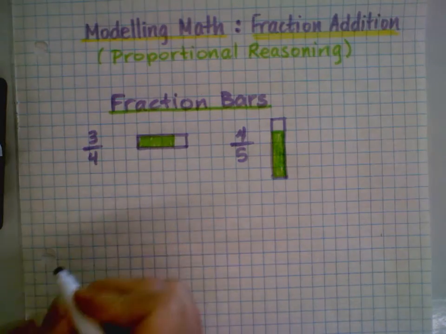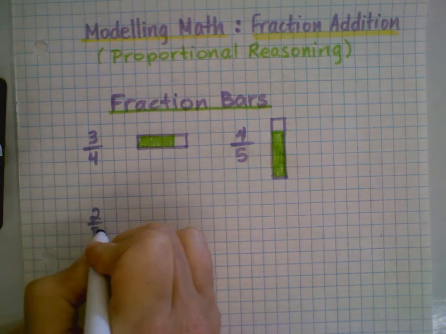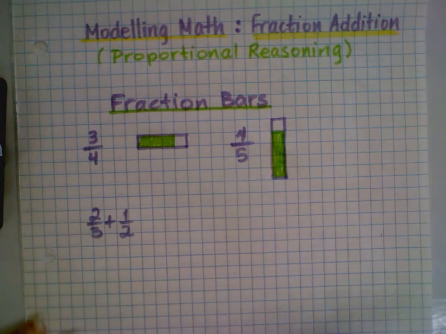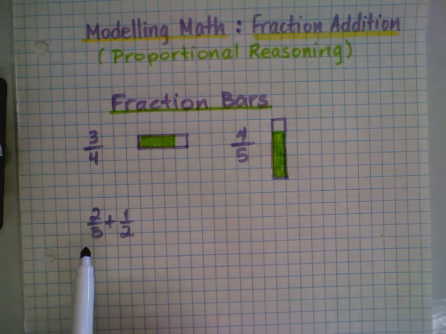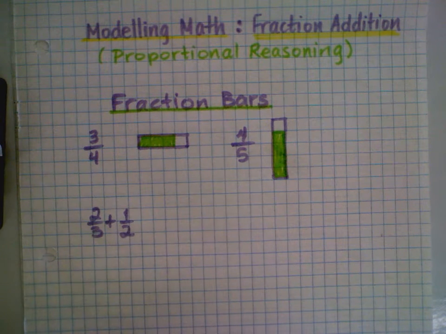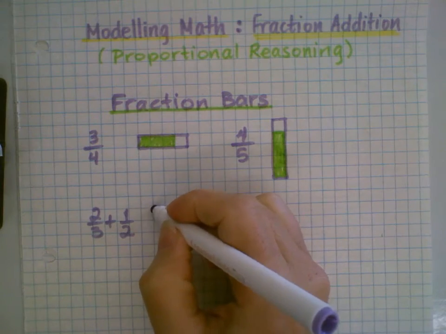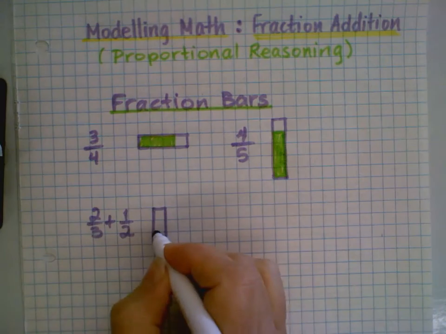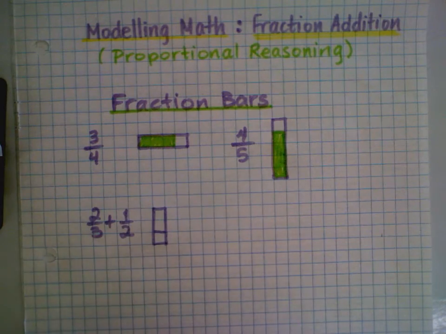So if I was doing, for example, 2/3 plus 1/2, I would start off by making a fraction bar model for the 2/3, and I'm going to orient that one vertically. So thirds, of which 2 of them are colored.